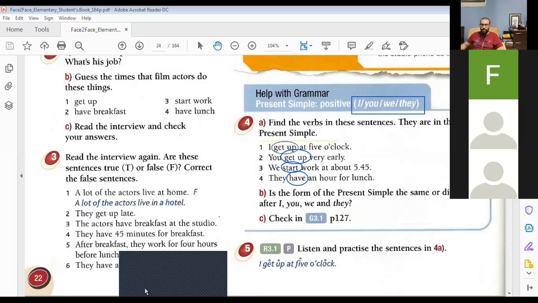We start work at about 5:45. They have an hour for lunch.